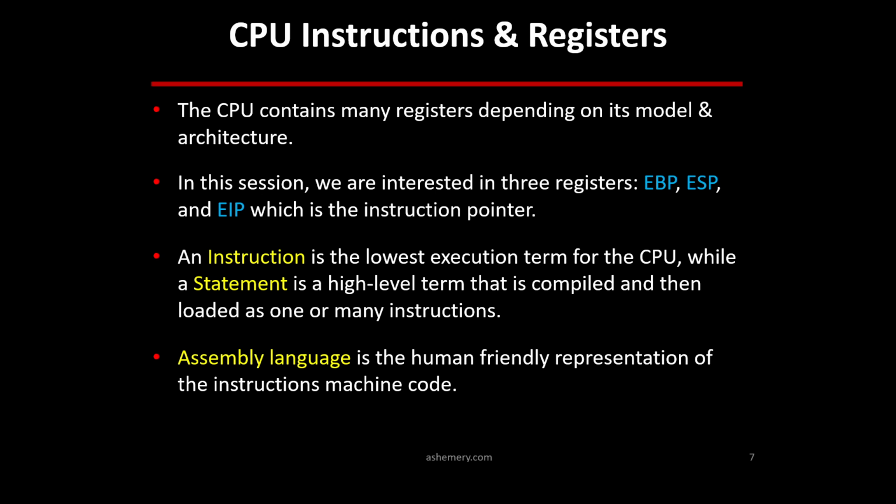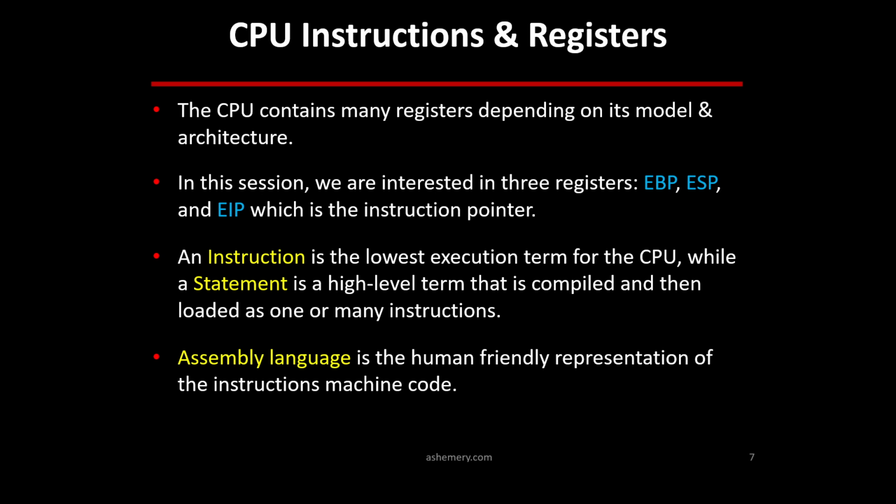Now at the end, the instruction is the lowest execution term for the CPU. So the CPU will be executing instructions, while a statement is the high-level term that is compiled and loaded as one or many instructions. You can think of an instruction as the assembly code executed by the CPU, and you can think of the statement as the program.